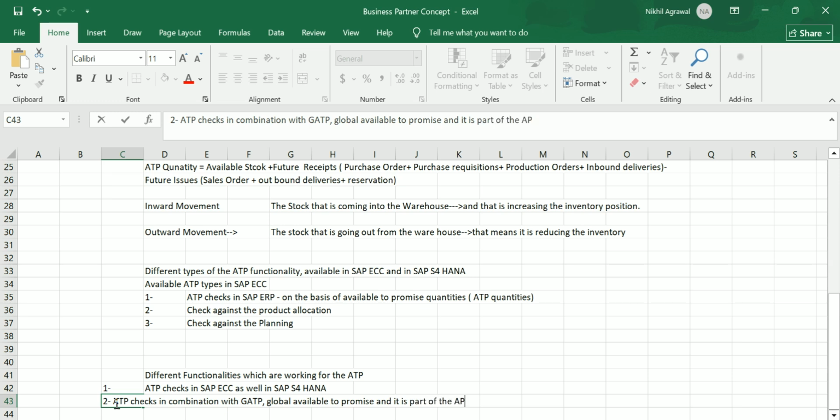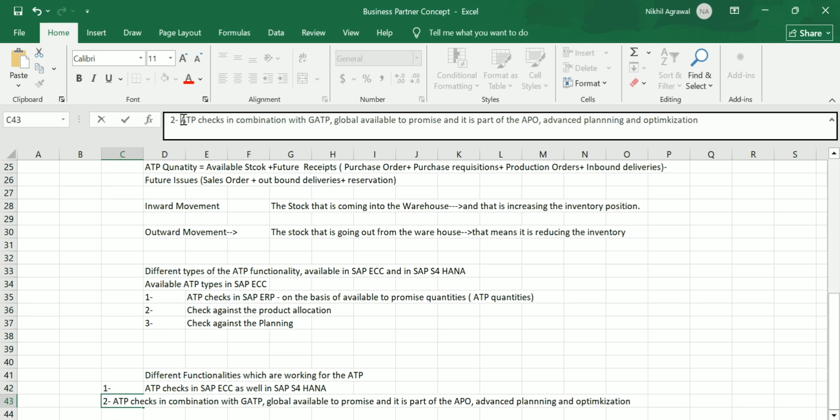Does anyone know APO? It is advanced planning and optimization.